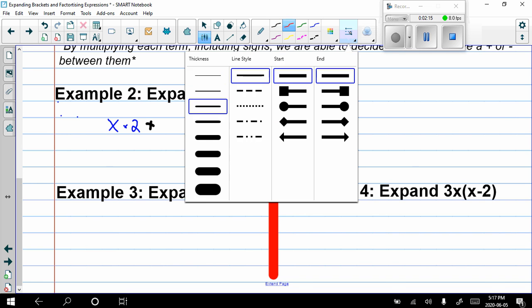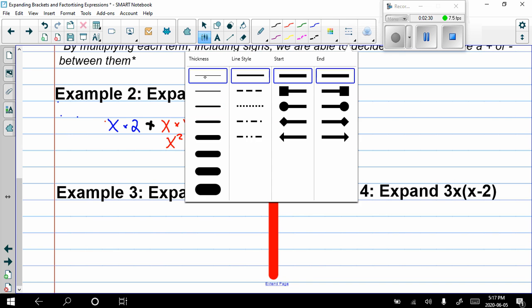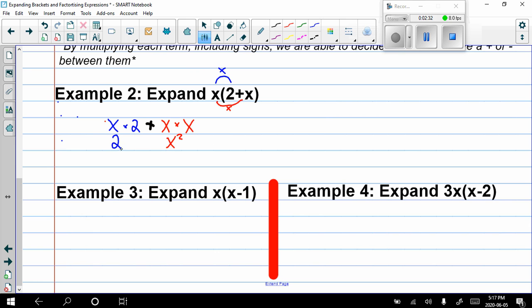And then we're going to do our x times our x, so that means our x times our x is going to be x squared. And then we have our 2 times our x, which we just have the convention of bringing the 2 in front. Numbers go in front of our variables. And lastly, our sign is not changed, so we'll put our positive sign again.